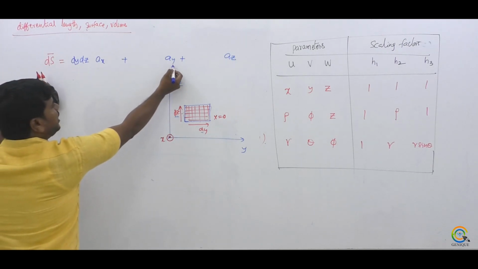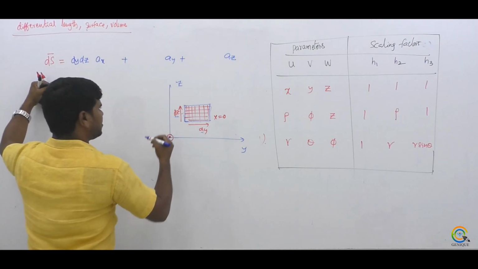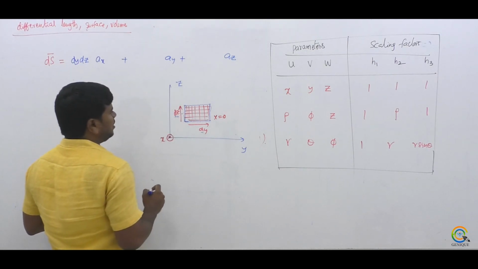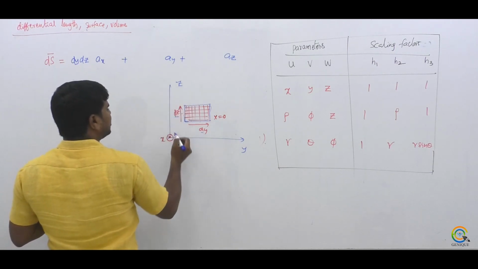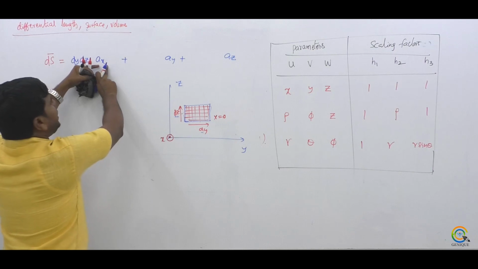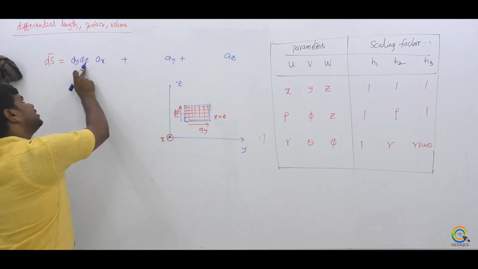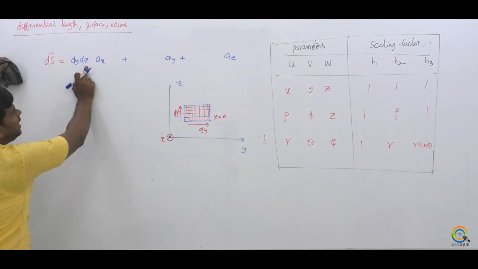In the direction of y, what will be the differential surface? If you observe, this is ax, and these are the measurements, dy and dz.